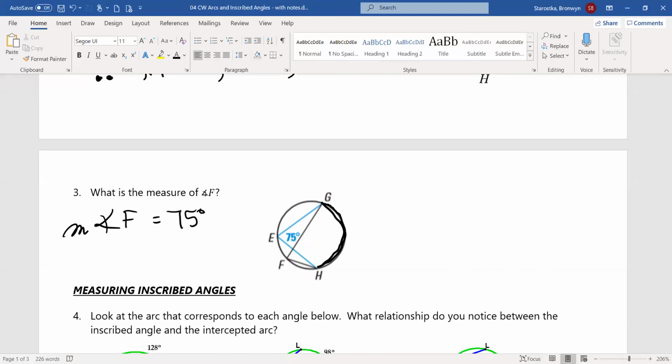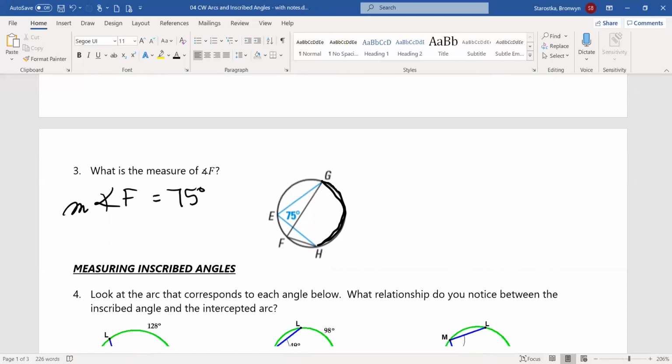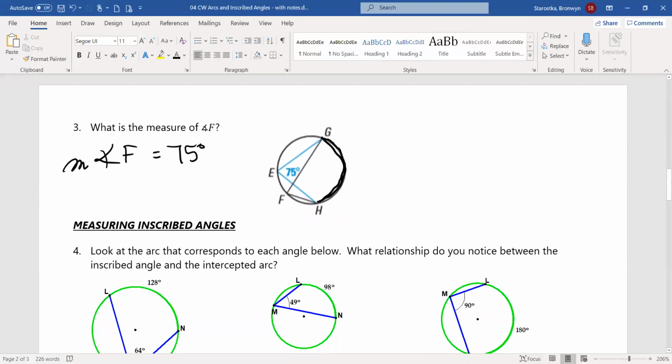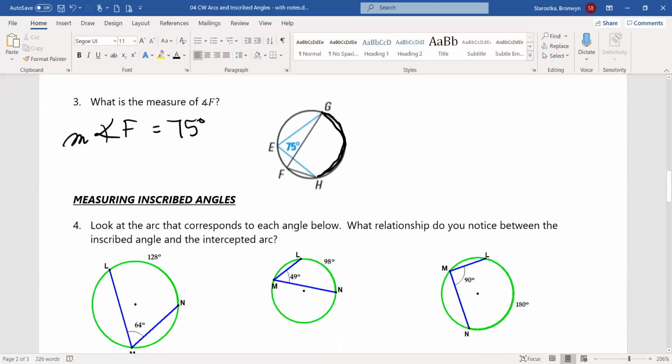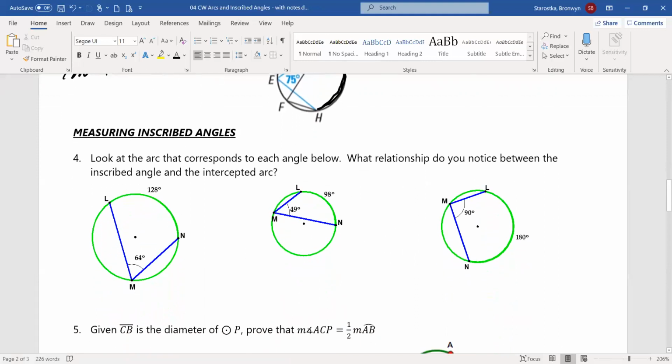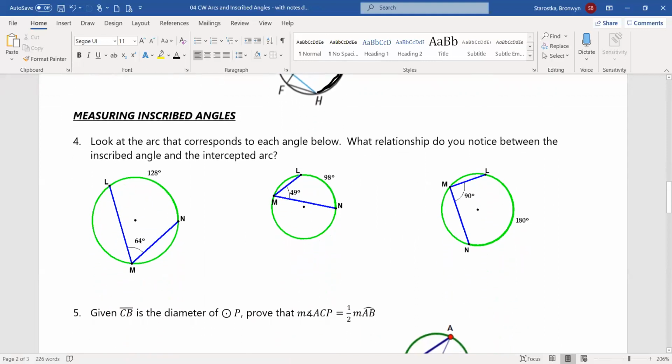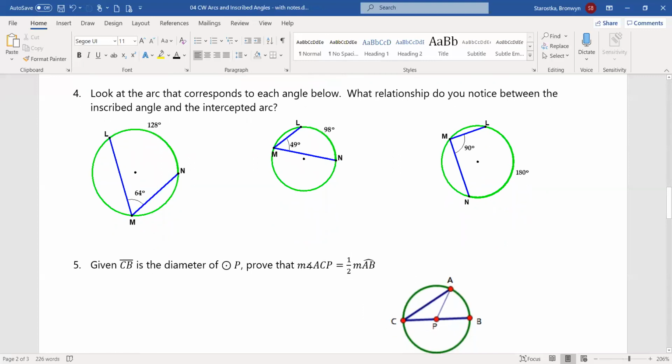So how do we measure these angles? We know what they are now. They're made up of chords. They're on the circle. They intercept arcs, but how do we measure them? So let's look at this example. Looking at the arc that corresponds to each angle below, what do you notice between the inscribed angle and the intercepted arc? So we have the measure of angle M equals 64 degrees.